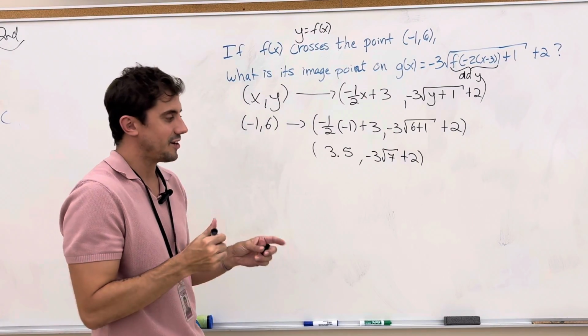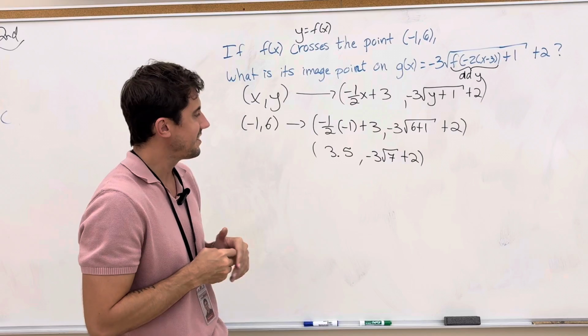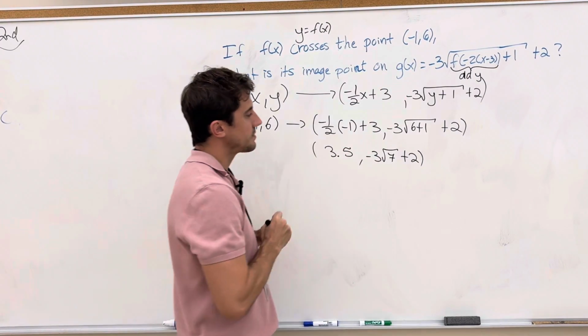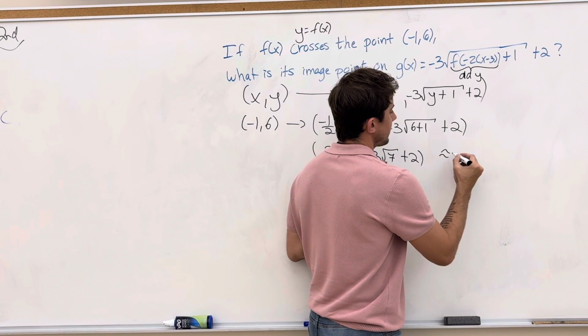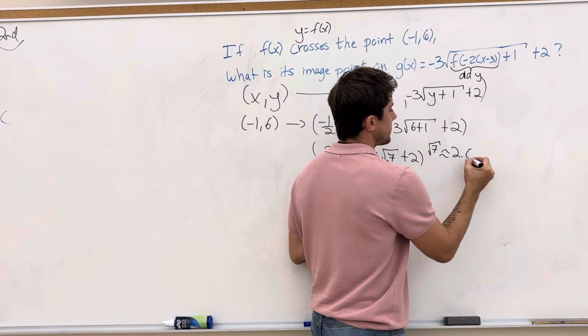And then the y coordinate will be -3 root 7 plus 2. You can tell that I did not choose these numbers as wisely as one could have, but we could leave our answer in this form. Root 7 is roughly 2.6.